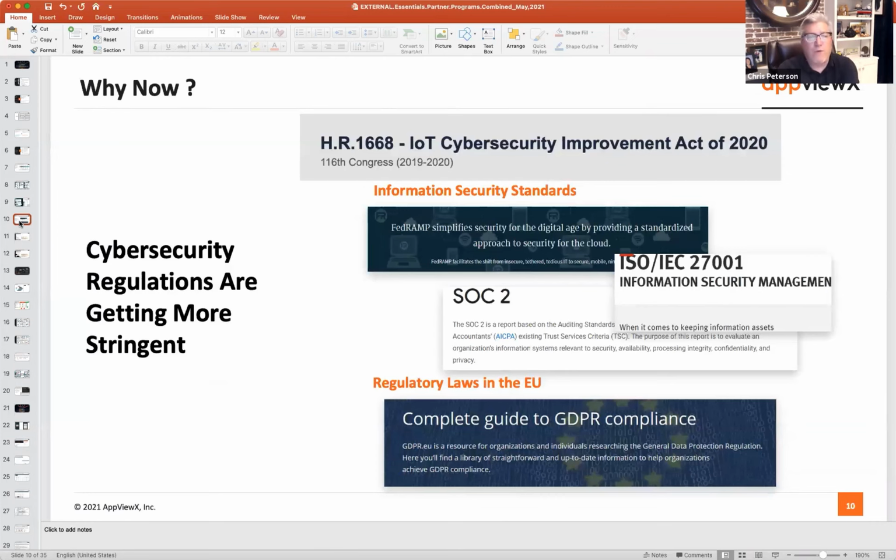And then there's also quite a few cybersecurity regulations that are getting much more stringent around certificate lifecycle management and machine identity. So GDPR, for example, in many countries in Europe, you've probably got your own regulations in your countries that would cause you to adopt a certificate lifecycle management product.